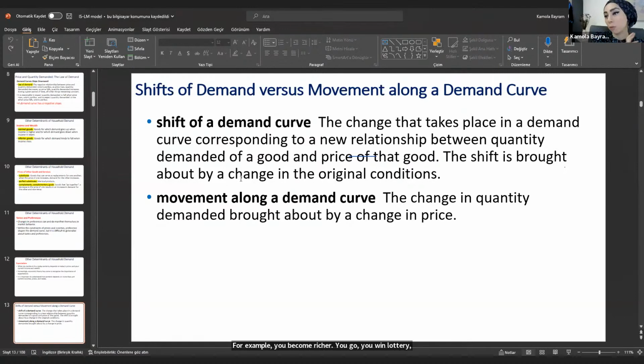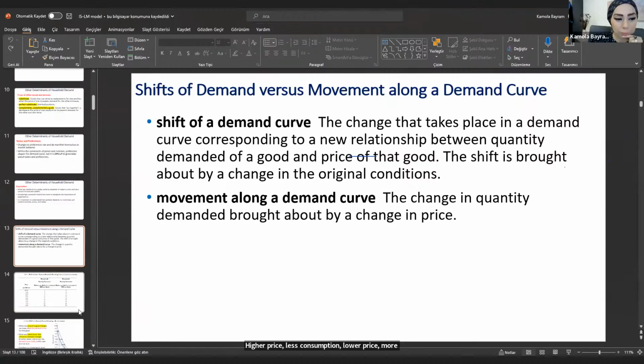All these factors will shift the demand curve, depending on whether you are getting better or getting worse. On the other hand, there is the change in quantity demanded brought about by the change in price. So if you remember Alex's curve of demand, the change in price will just decide how much quantity he will consume. Higher price, less consumption. Lower price, more consumption. So I'm moving along the curve.